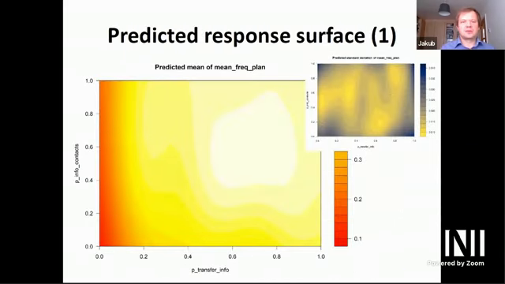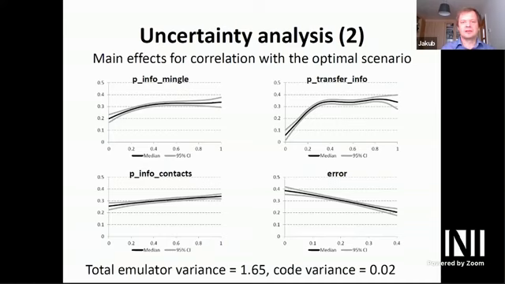So here is just an example of what came out of it. One example of a response surface looking at the mean frequency with which agents follow the initial plan for traversing the landscape. Another example, this time for the correlation with the optimal scenario.